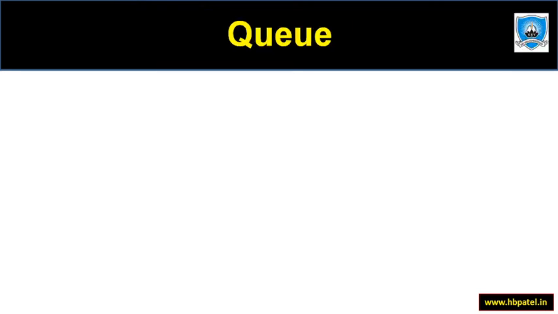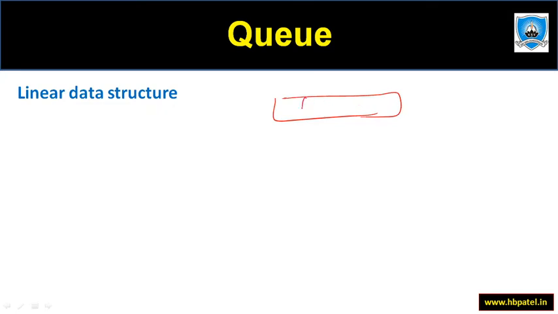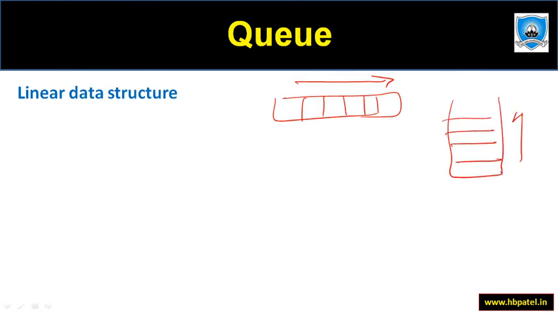Now let us try to understand queue. Basically it's a linear structure. As we know, the stack is also a linear structure. Queue is also a linear structure, because here the data goes in a linear way, just as the stack was also growing in a linear way. The second thing is it's an abstract data type.